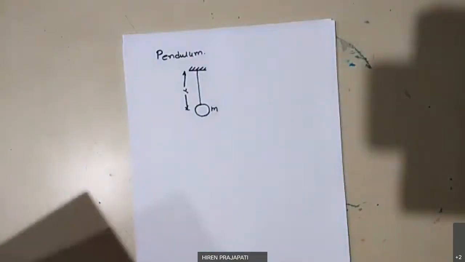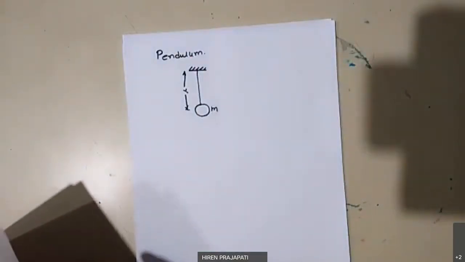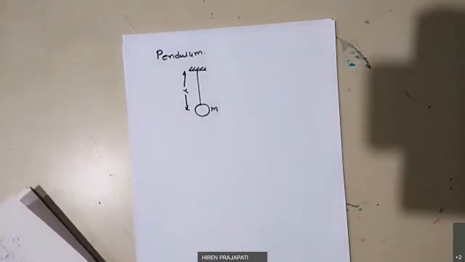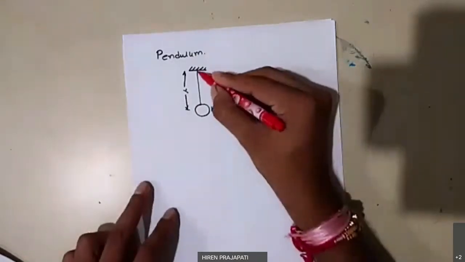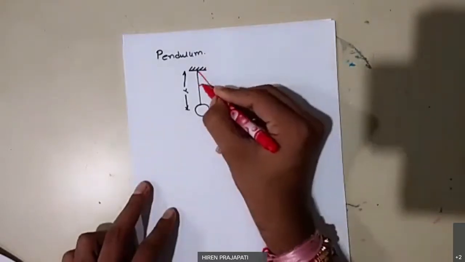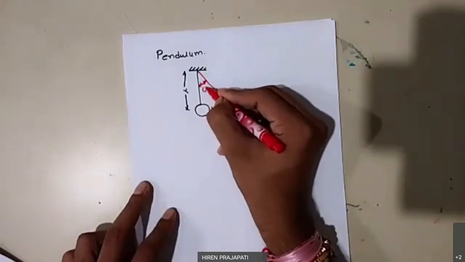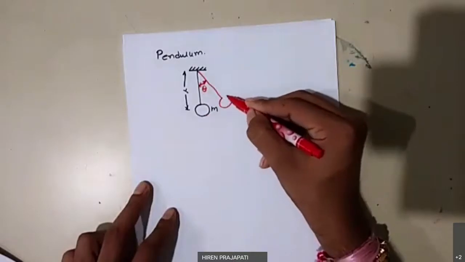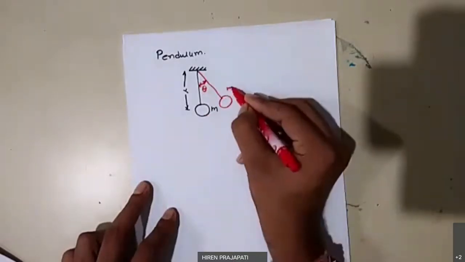Now, what we are doing, we are assuming that we are giving initial angle theta to this pendulum. So we assume we have displaced this pendulum by angle theta, and this is the new position of mass m, right?